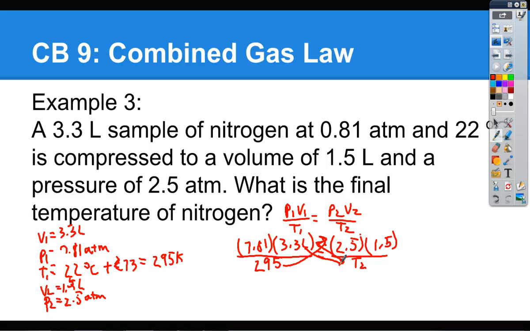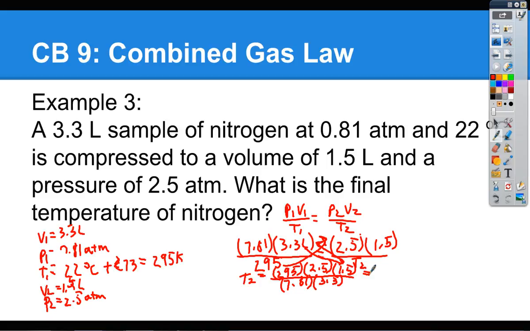All right, so here's what we end up with: T2 is equal to 295 times 2.5 times 1.5, and that whole thing should be over 0.81 times 3.3 on the bottom.